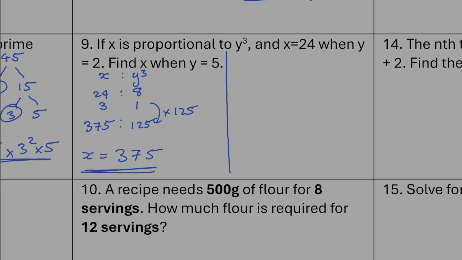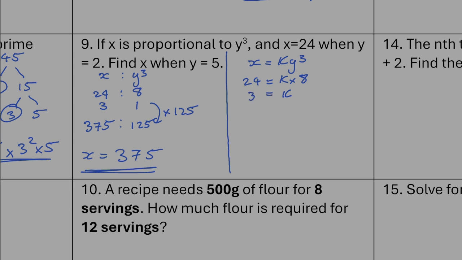I'm also going to do it with the traditional equation of proportionality. So x is equal to ky cubed. So when x is 24, y is 2, so that would be k times by 8, which means that k is going to be equal to 3.